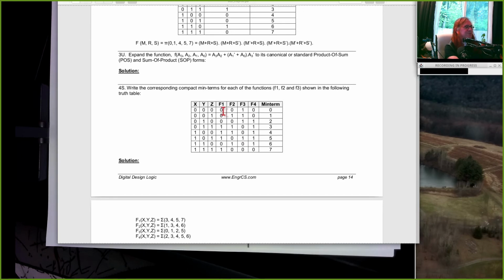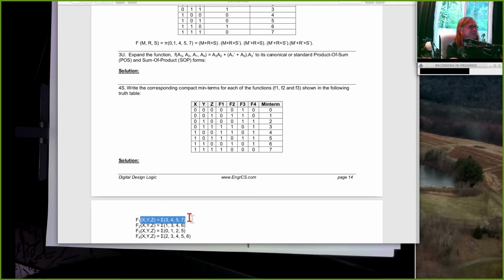Well, this should be a 1 when we're in this input combination. I can't point in PDFs. This input combination, or this one, or this one, or this one. Well, in compact minterm form, this is saying minterm 3, minterm 4, minterm 5, or minterm 7. So we could write F1 equals sum 3, 4, 5, 7. And that's the compact representation of F1.